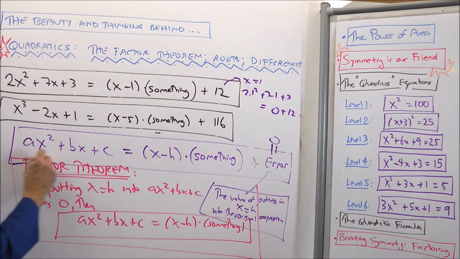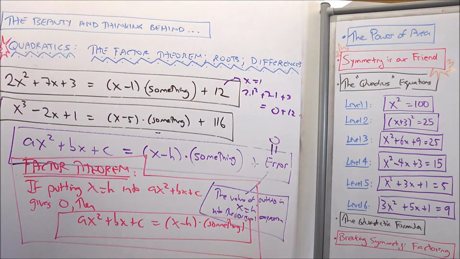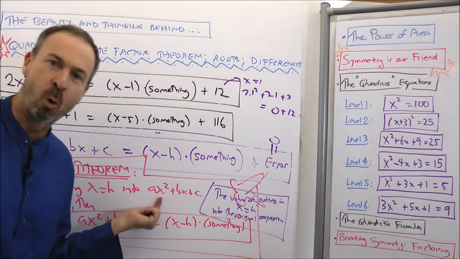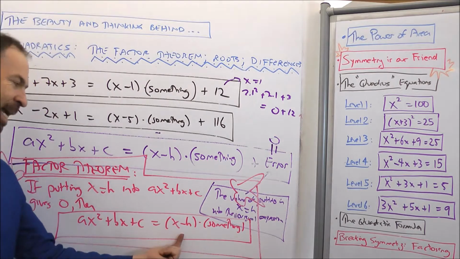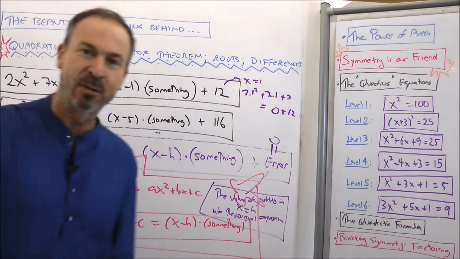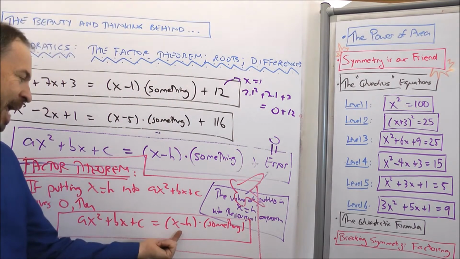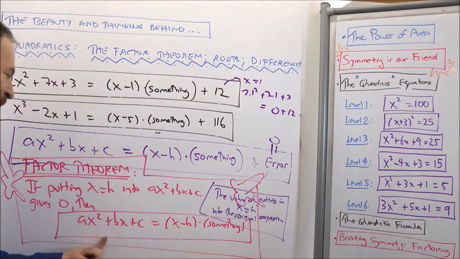So there, in very messy board technique, okay, you're used to my board technique now, is the factor theorem. If a particular value makes a quadratic equal to 0, like putting in 7 makes it 0, then x minus 7 is a factor of that quadratic. If putting x equals negative 3 makes this 0, then x minus negative 3, that is x plus 3, is a factor of the quadratic.